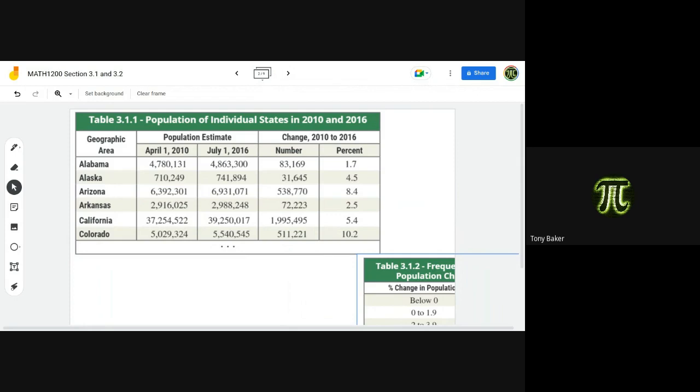Again, not quite a frequency distribution. What's the difference between just a list and a frequency distribution? Because I think that's the piece we're missing. What's the difference between the two?